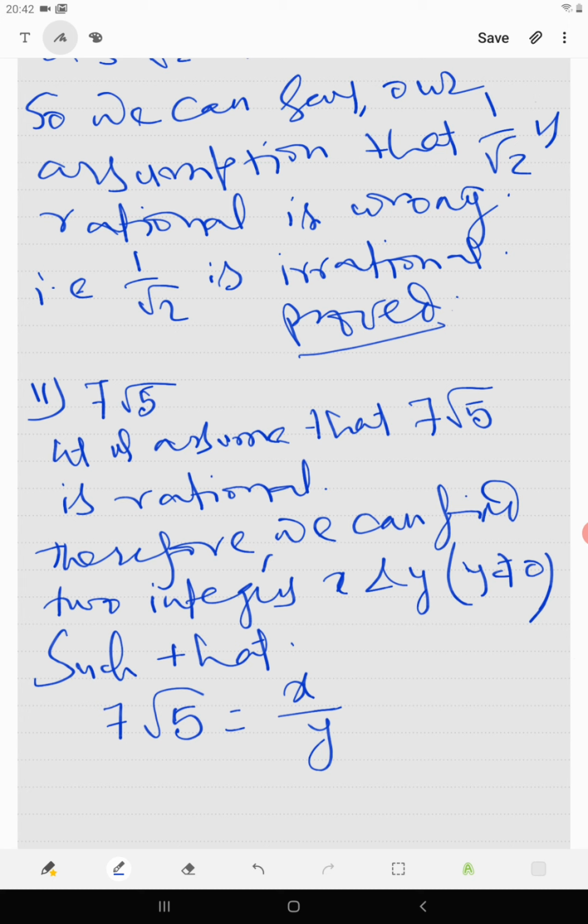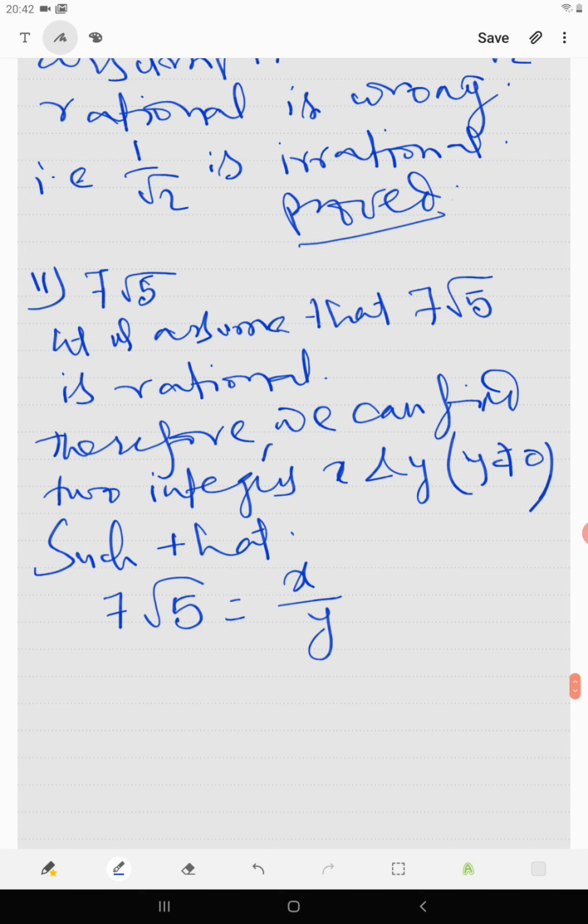So of course, if it is rational, we can convert it to the form of a ratio, the p by q form, you remember. So there must be two integers x and y, where y not equal to 0, such that 7 root 5 is represented as x by y.